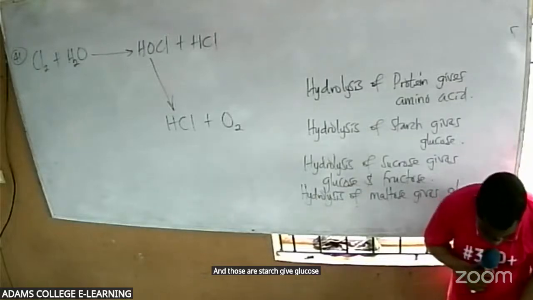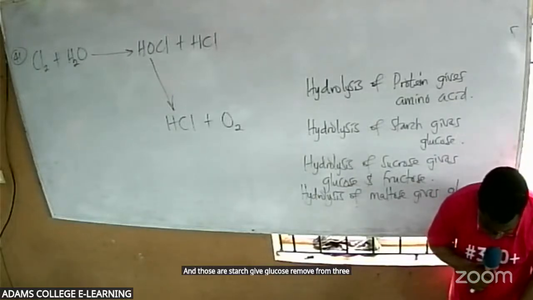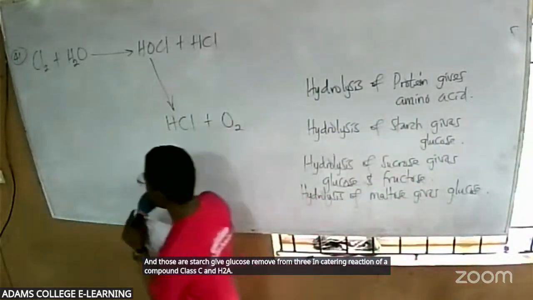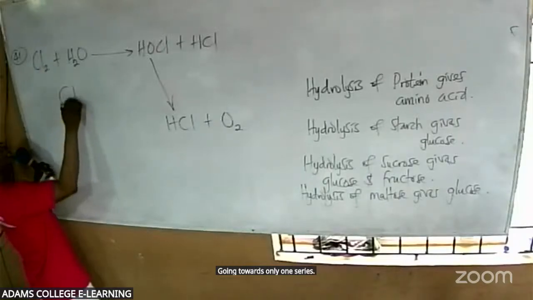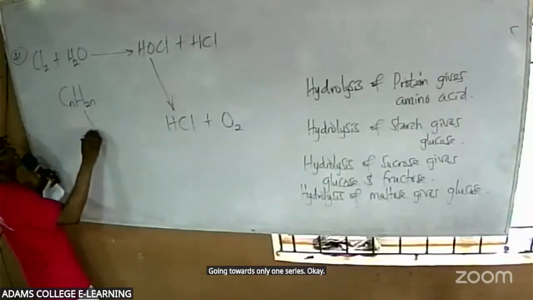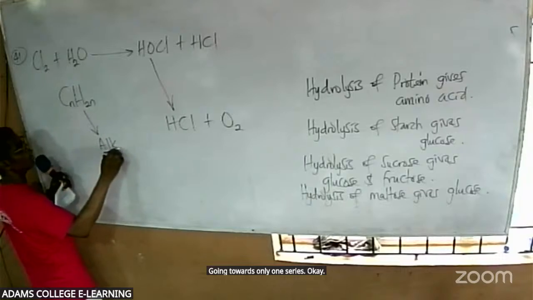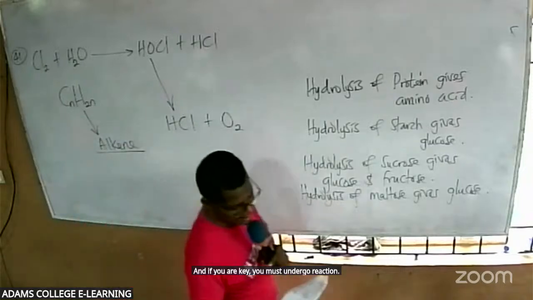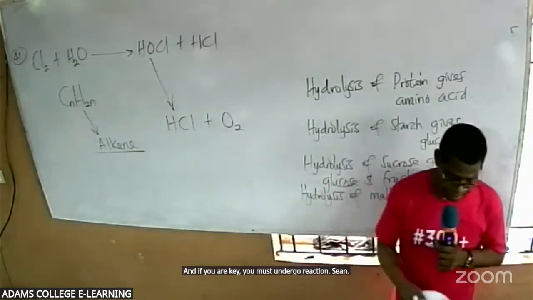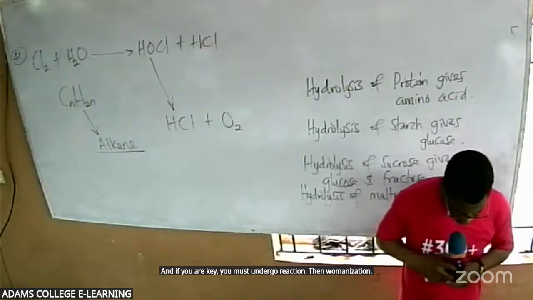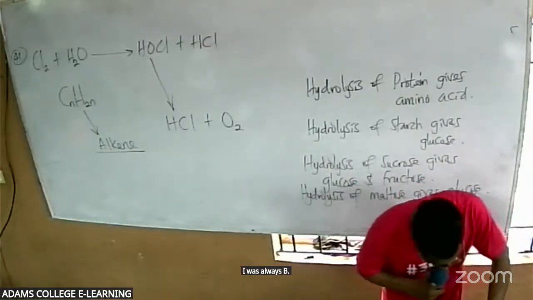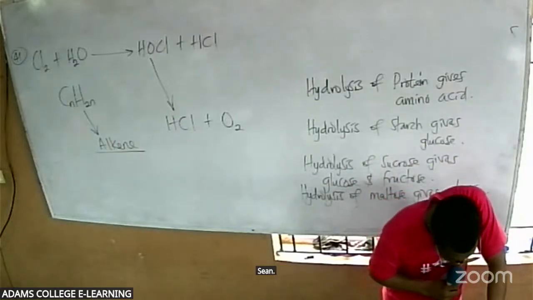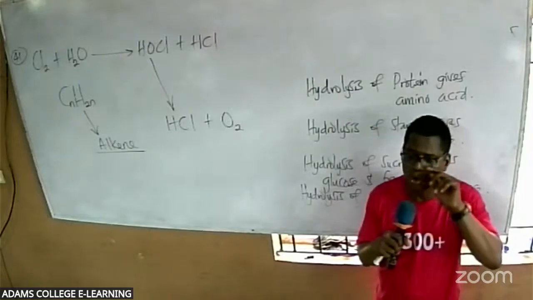We move. 43. A catalytic reaction of the compound class CnH2n belongs to what homologous series? Alkene. And if you are alkene, you must undergo what? Addition reaction. And if there's no addition, then polymerization. Answer is B. Catalytic reaction, so the major one you go for is addition reaction.